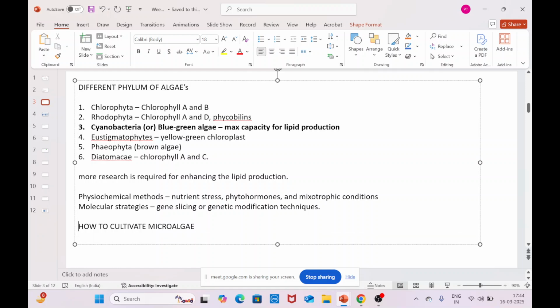We use different types of reactor systems for cultivation of the microalgae. The main classification is the open pond, or you can say open photobioreactor, and the second one is the closed system photobioreactor.